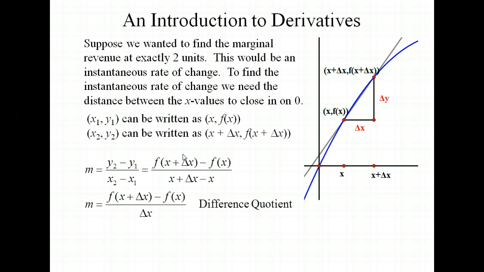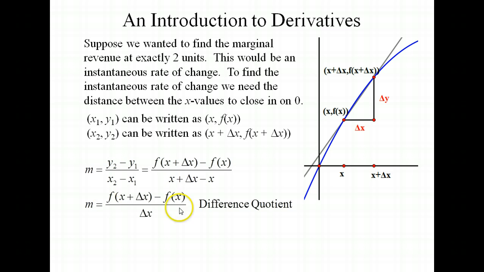Now what we can do is just plug those ordered pairs into our slope formula and simplify a little bit. So where we had y2, we're going to replace it with f of x plus delta x. And where we have y1, we're going to replace it with f of x. And then we did the same thing in the denominator here. The only difference is that in the denominator, the x and the negative x canceled each other.